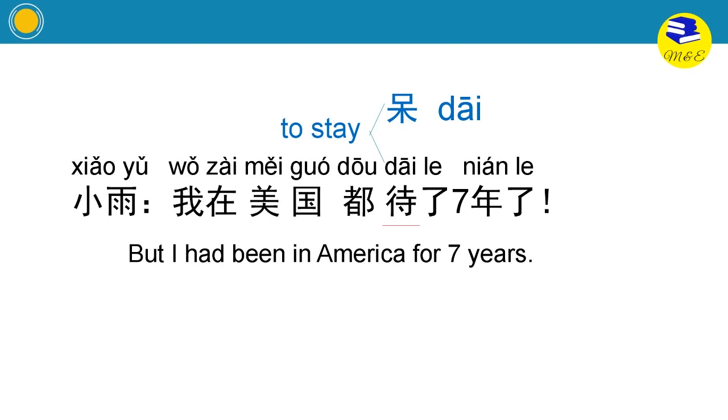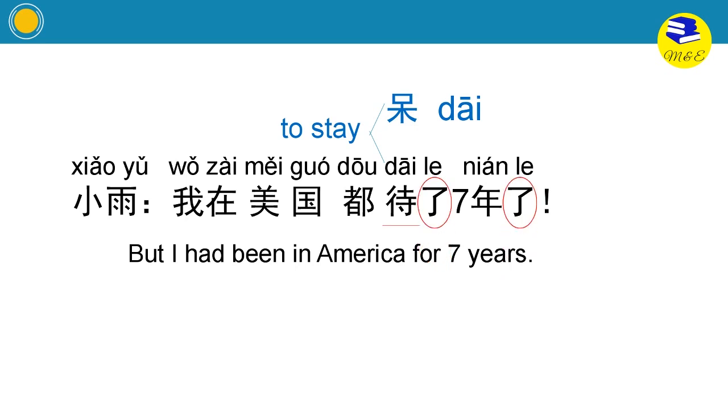But after 待, we have 了 in the end. What does it mean? Okay, good question. Here there are two 了, right? The first 了 just refers to the past tense.